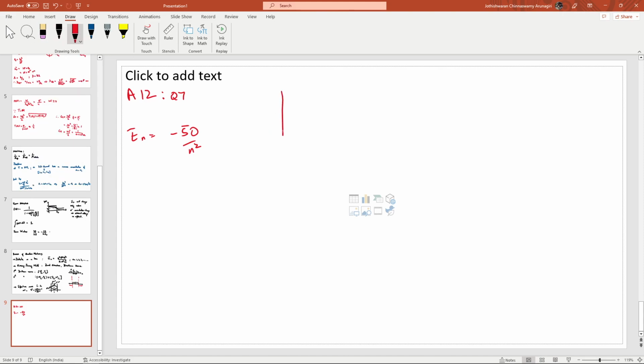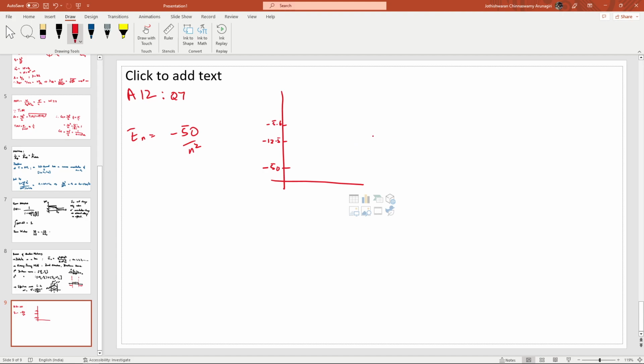So we have the energy levels that go as minus 50, and then a relatively bigger jump to minus 12.5, and then a slightly smaller jump to minus 5.6, and then further above it will be 50 by 16 and so on and so forth.